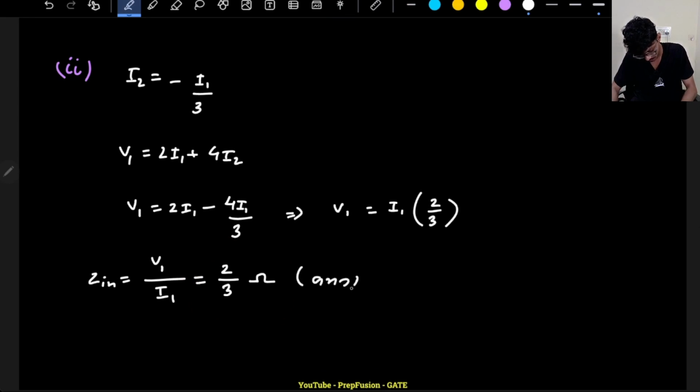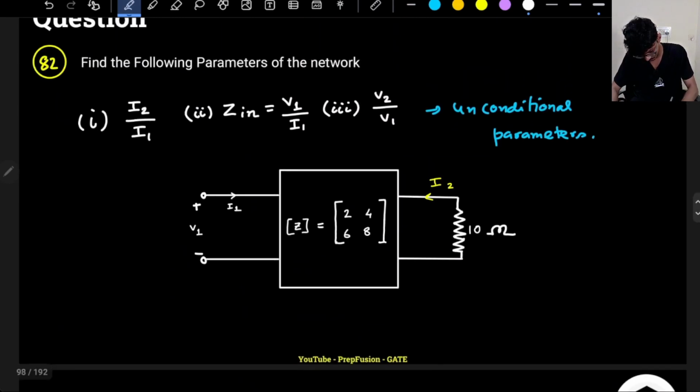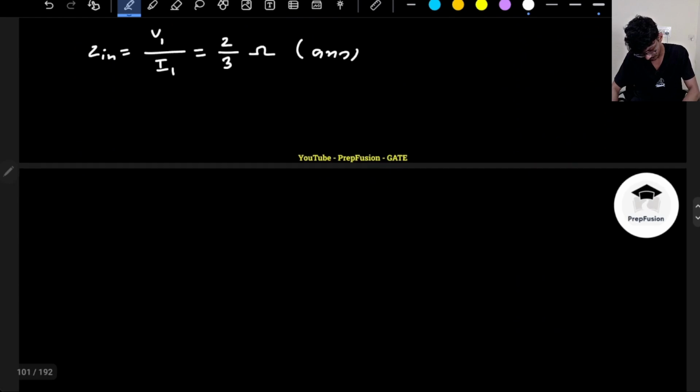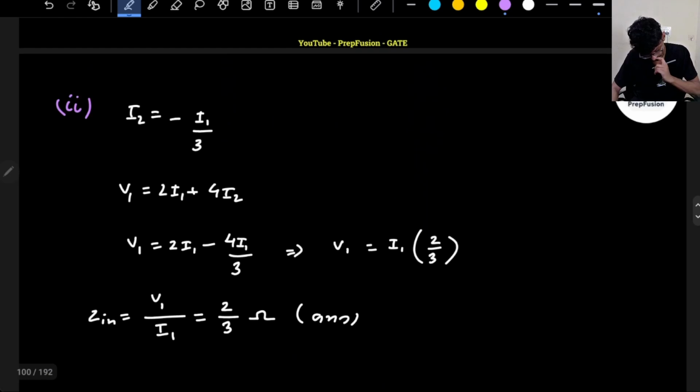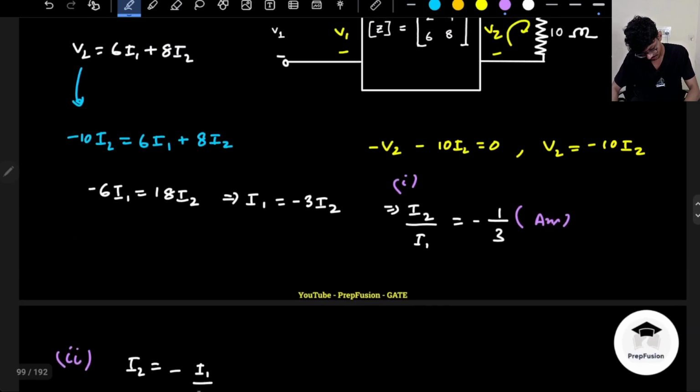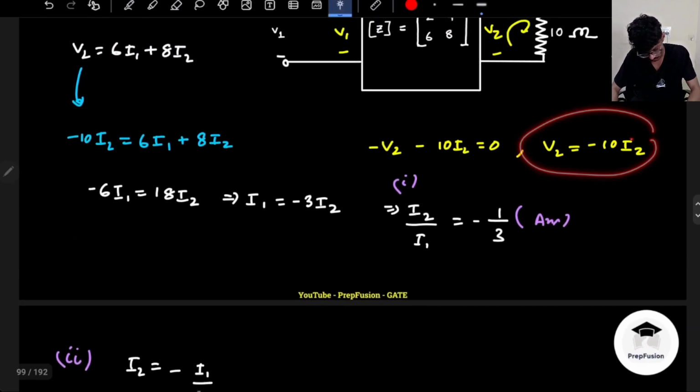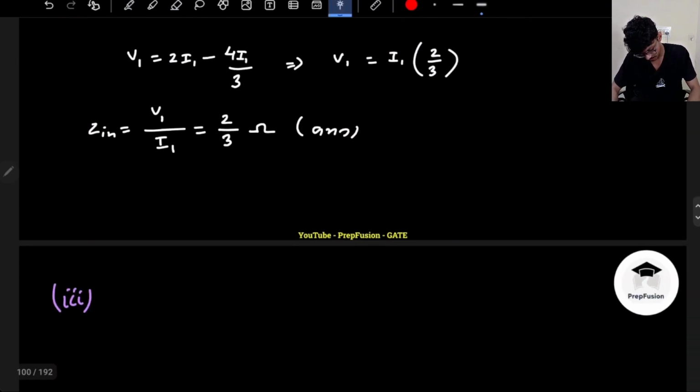Now the third one is V1 by V2, right? So V1 by V2, how do I find it out? So V1, I know, is I1 into this, okay. So what is V2 equal to? V2, I have already written here in the first equation, V2 is minus 10 I2. So I will combine these equations.